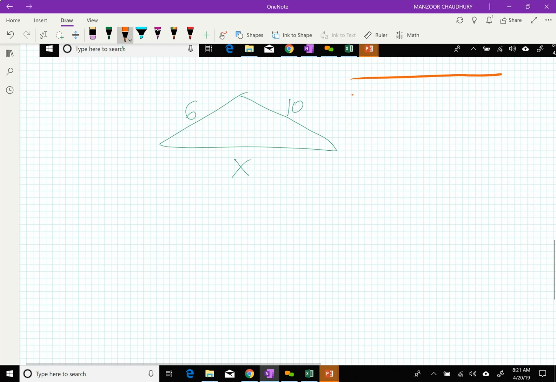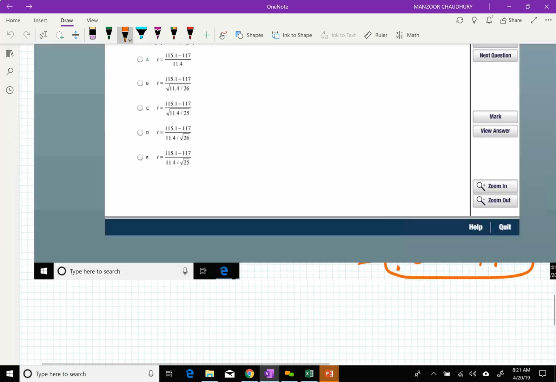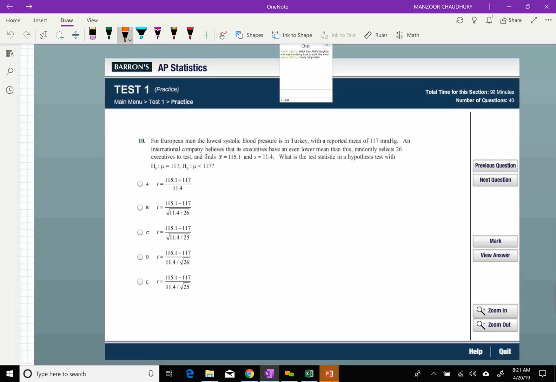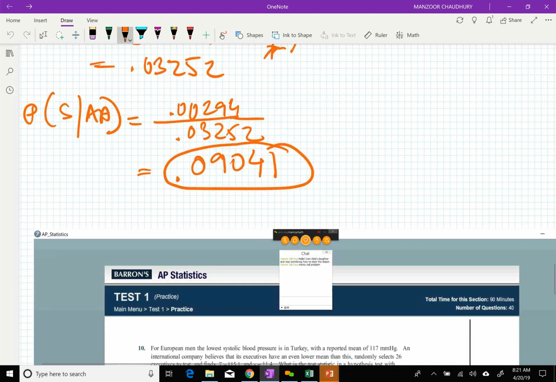Say you have a very long pencil and 2 very short pencils. You cannot make a triangle out of them, no matter how much you try. So how big can x be? You can add those two, so x has to be less than 16.